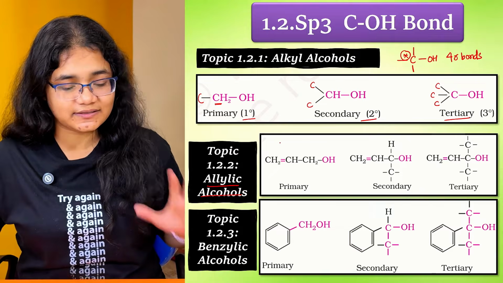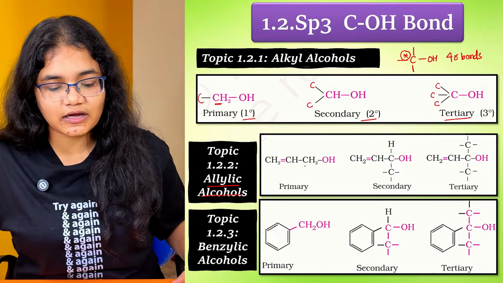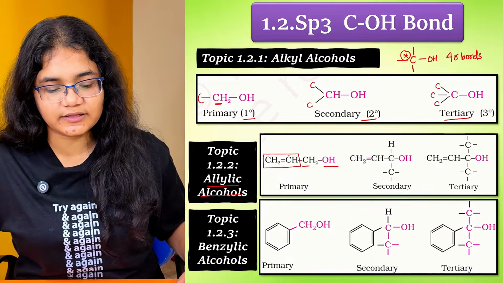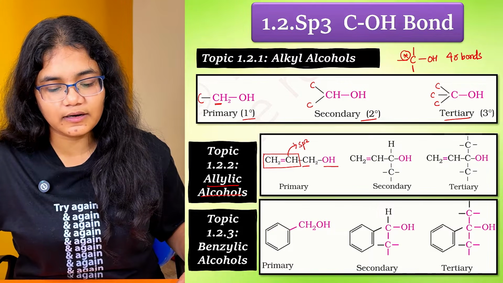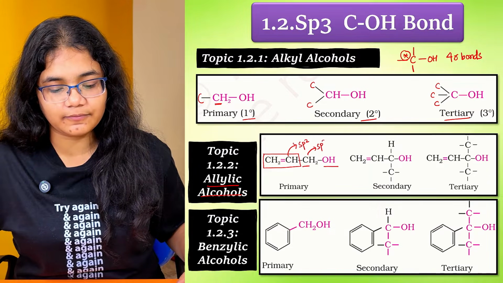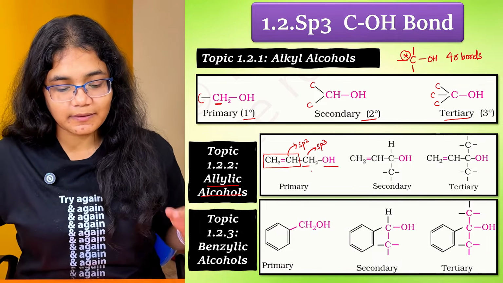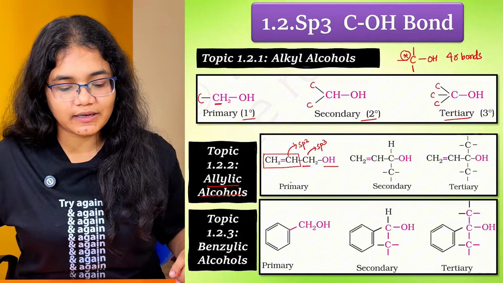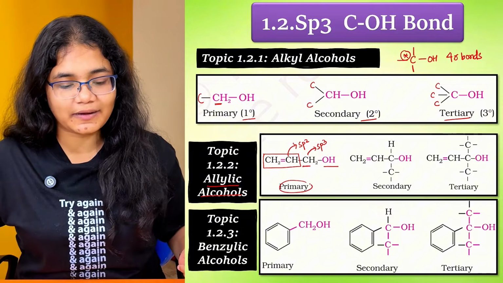Now we'll talk about allylic alcohols. This is also very similar to what we have already studied. If the carbon containing the OH group is attached to an sp2 carbon, this is an sp2 carbon and this is an sp3 carbon, right? So this is allylic. But since this particular carbon is attached to only one carbon, it is also primary.